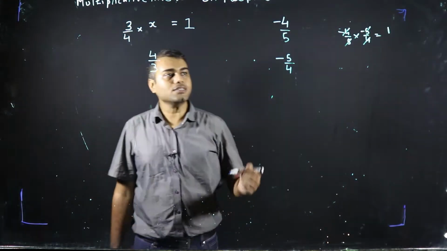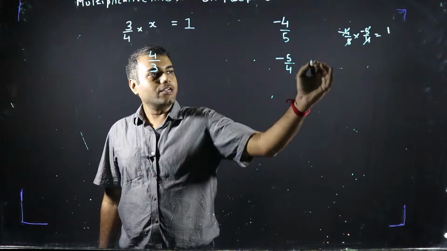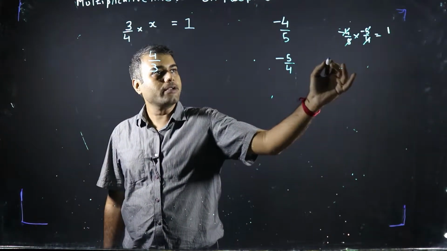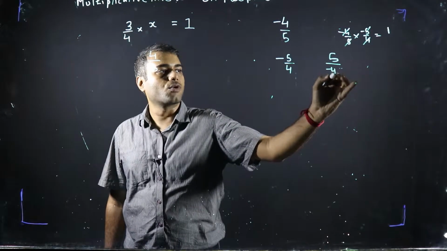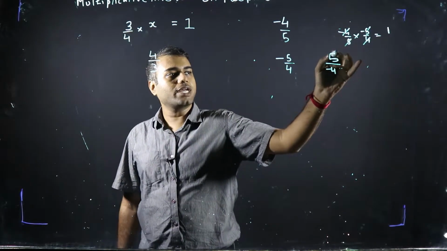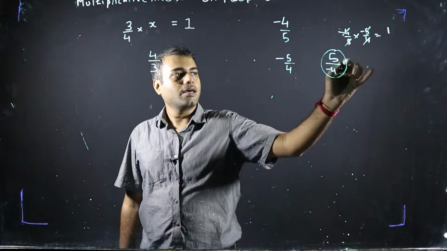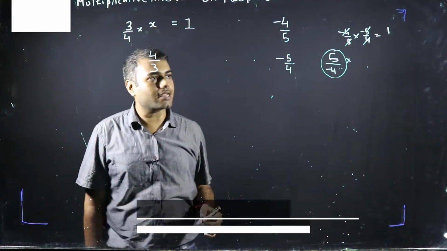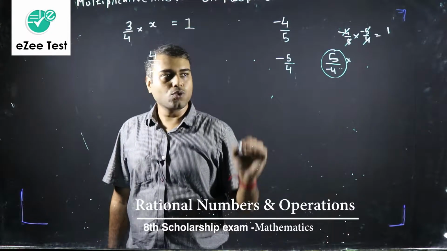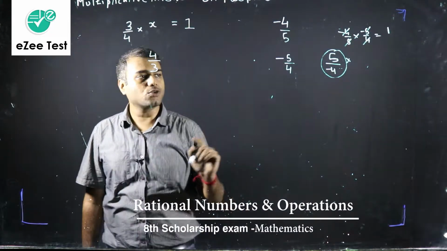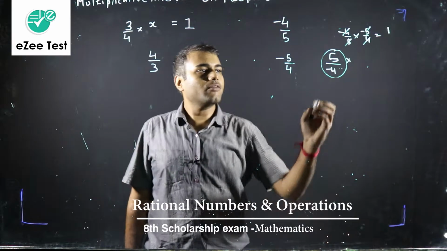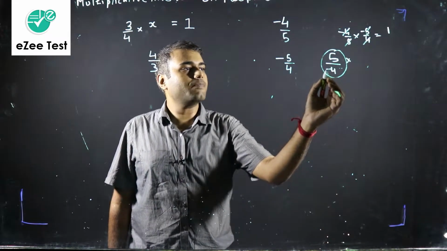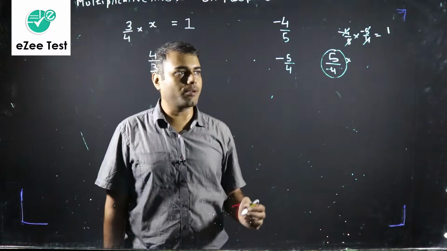And my friends, please note that it won't be 5 divided by -4. This notation is incorrect, because there is a rule in mathematics, and please note it down in your notebook, that we do not generally keep a negative sign in the denominator.